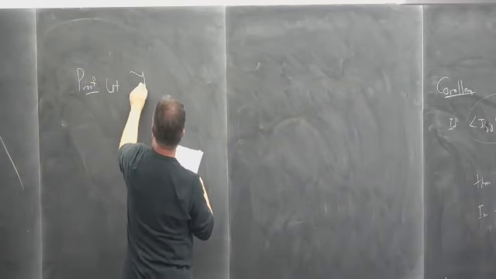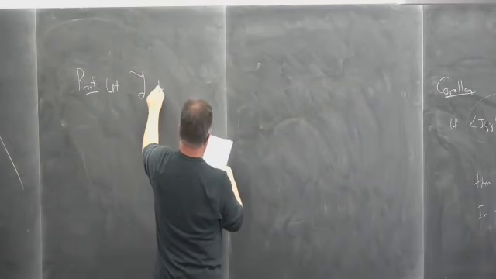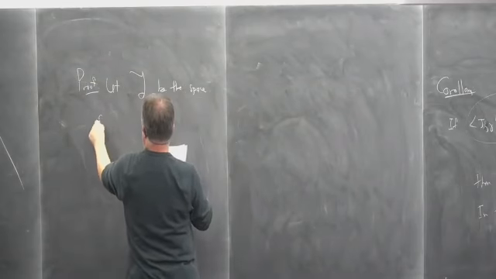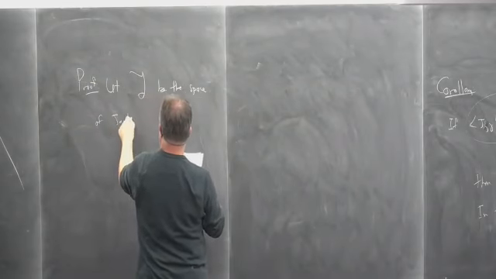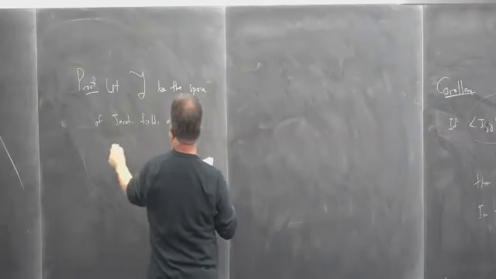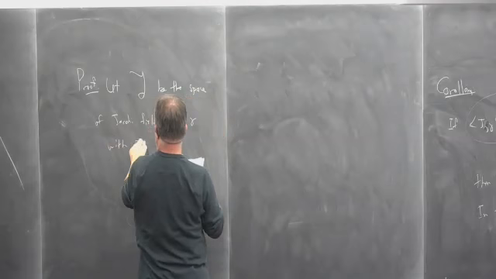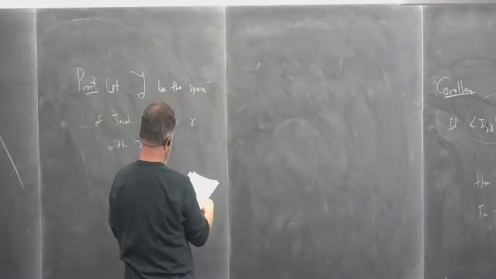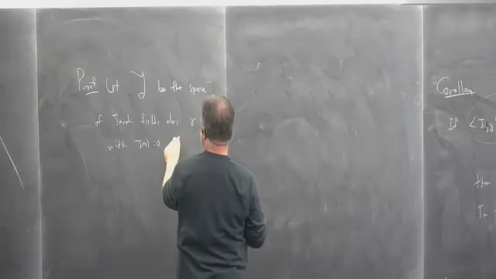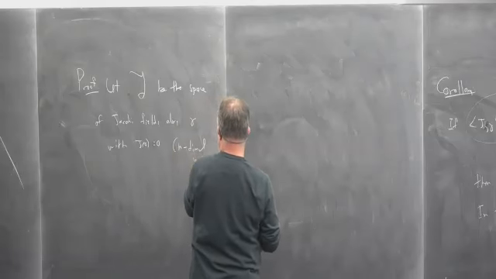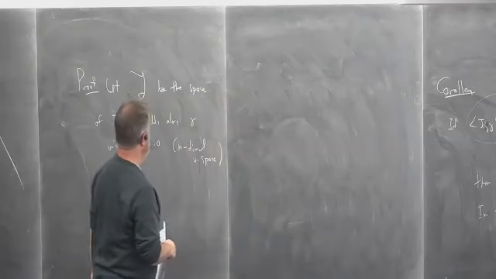So let script J be the space of Jacobi fields along gamma with initial value 0. So this is an n-dimensional vector space. I'm not excluding the tangential one.